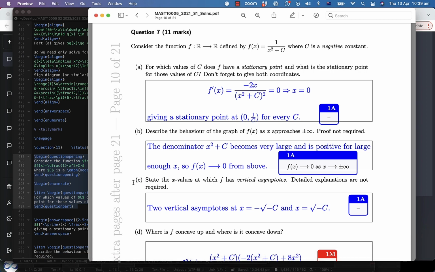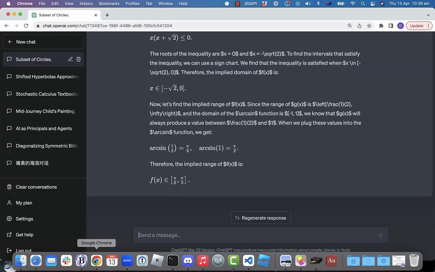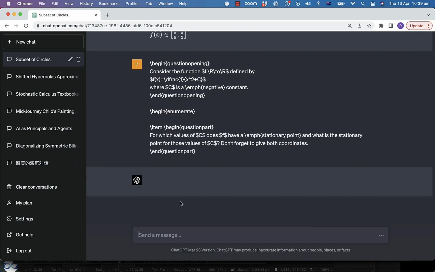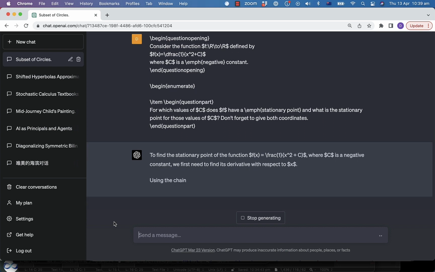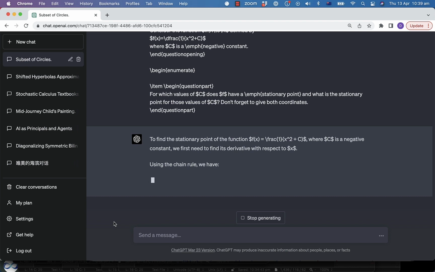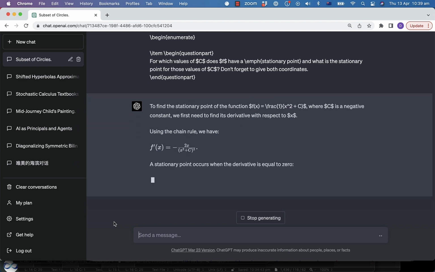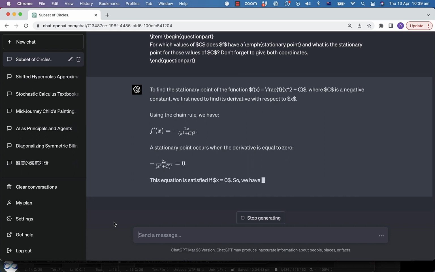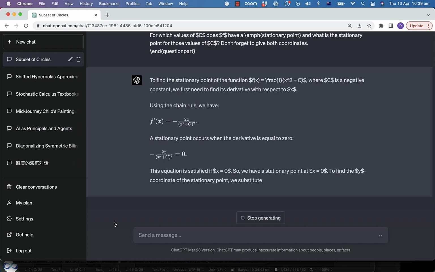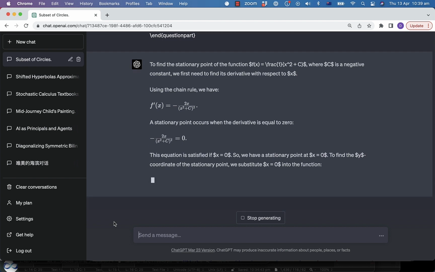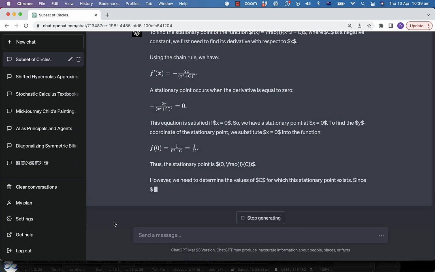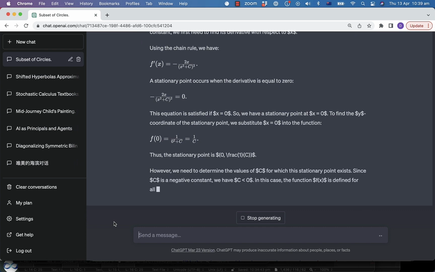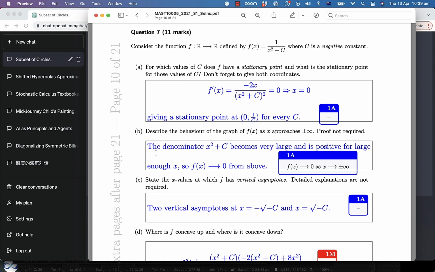So this is finding stationary points, behavior of graphs. I'll be surprised if it doesn't get this. This is an easy one. I like how it calls it the chain rule. My students would call that the quotient rule, but it's of course just the chain rule. Zero, 1 on C, yes.